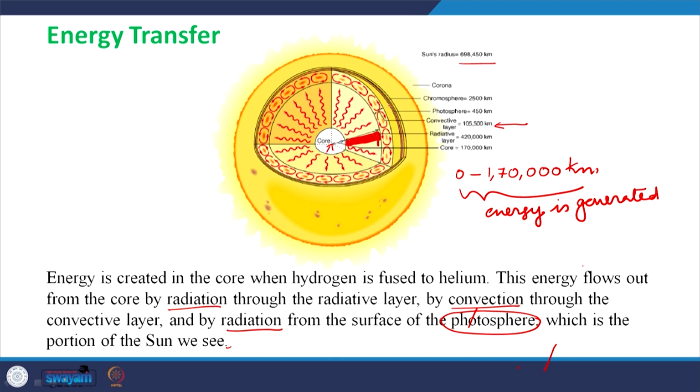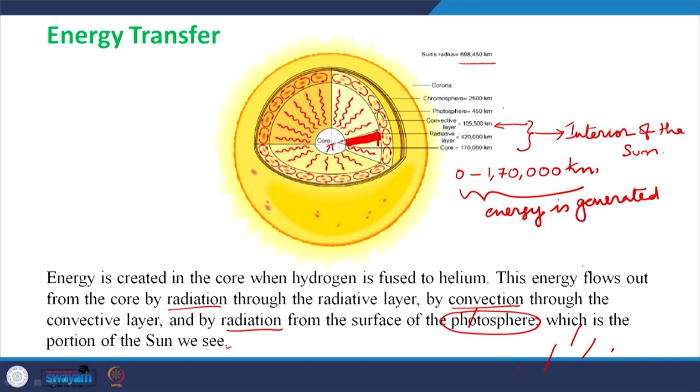These three regions, let us say core, radiative layer and convective zone or convective layer, are generally called the interior of the sun. If these are the interiors, what is the surface?